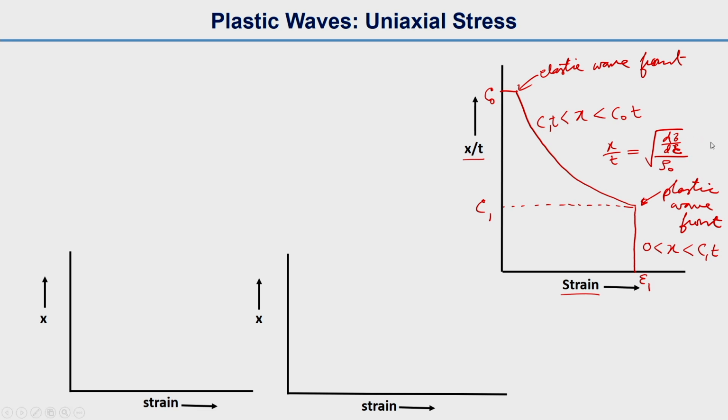We take the expression square root of d sigma by d epsilon divided by rho naught. And here, for x greater than C0t, the strain will be equal to 0.